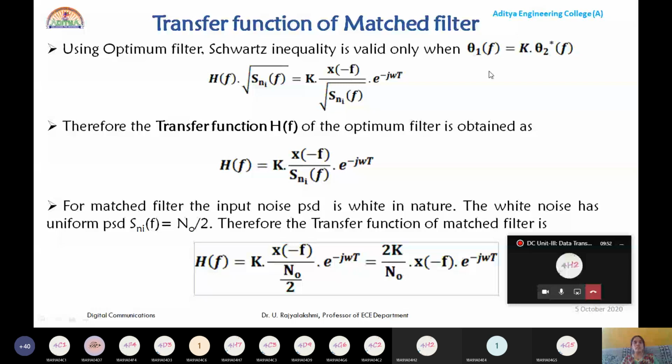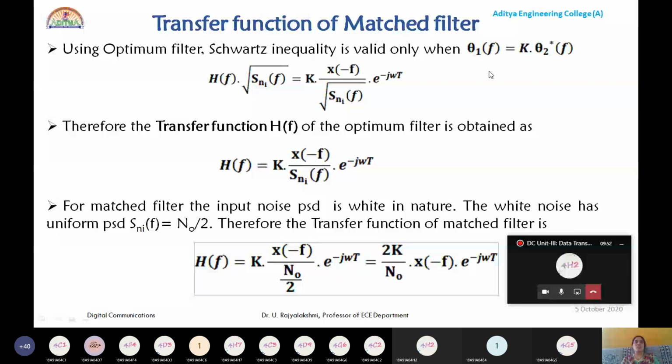So in the last slide we calculated the transfer function of the matched filter. In this slide we are going to calculate the impulse response of the matched filter, which can be obtained by taking the inverse Fourier transform of the transfer function. For that, I already told you the input noise power is white in nature, so white noise has uniform power, which is n0 by 2.